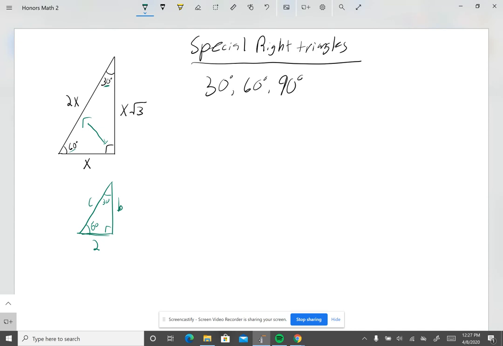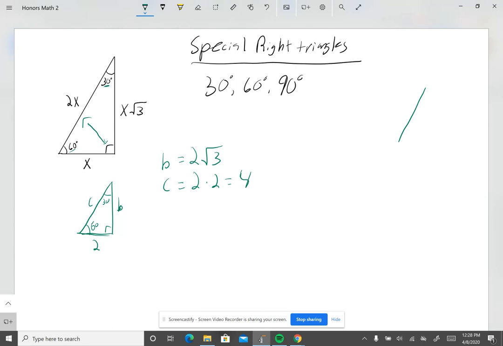Well, we know that B is just whatever the shortest side is times square root of 3. So B is equal to 2 square root of 3. Okay, and we know that C is just whatever the shortest side is times 2. So in this case, 2 times 2, it's 4. Okay, so if we know the shortest side, it makes it really easy because the other two sides are in terms of it. But sometimes we don't know the shortest side first.